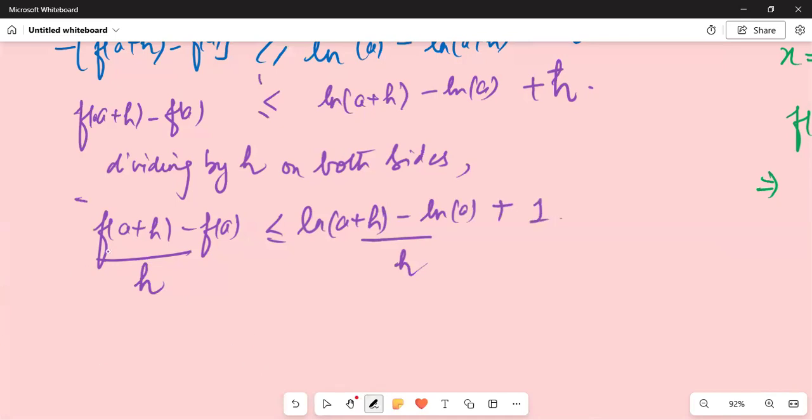Now just taking the limit on both sides, h tends to 0.